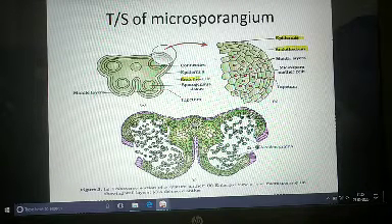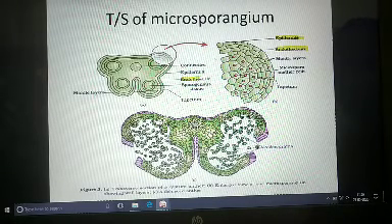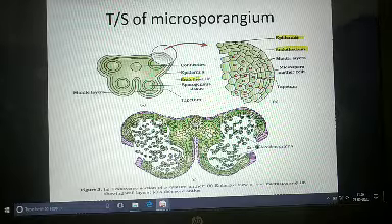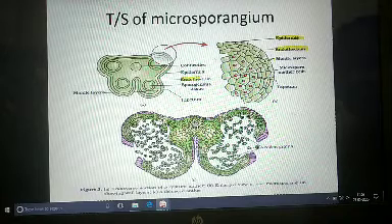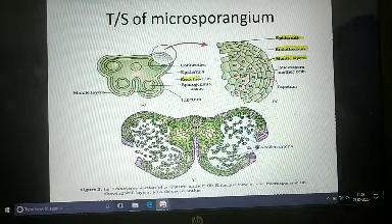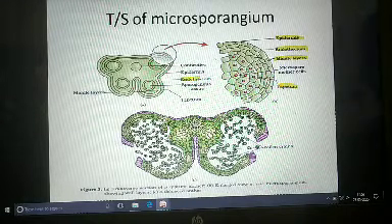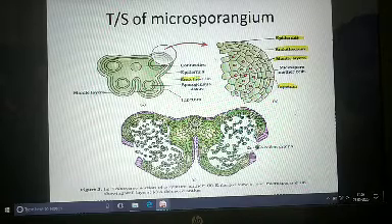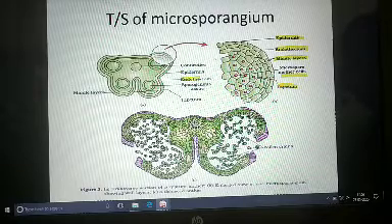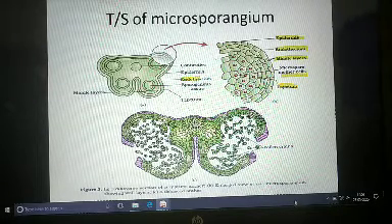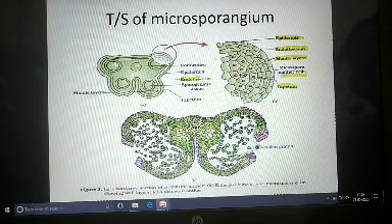Observe the cells. Epidermis is made up of barrel-shaped parenchyma cells, and the next is endothelium. Endothelium is hygroscopic in nature, it is water filled, and the third layer is middle layers, and the fourth layer will be tapetum. Inside the tapetum you can see the microspore mother cells. These microspore mother cells are the cells which generate pollen grains. Now this is a young anther.